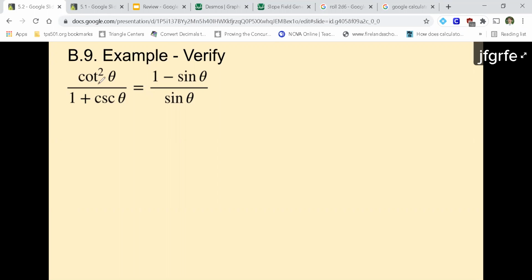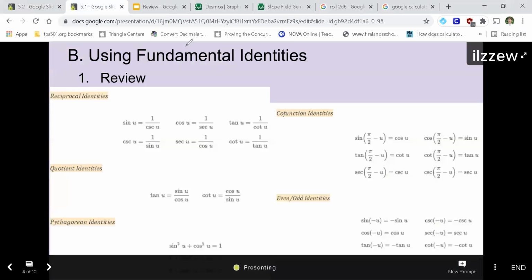So let's start with the left. We've got a trig function squared, right? Let's use that. Trig function squared is cotangent squared. Let's see if we can find that one.